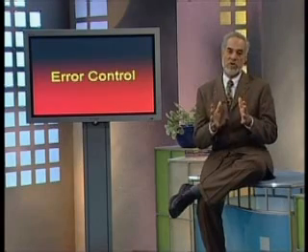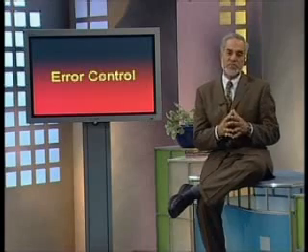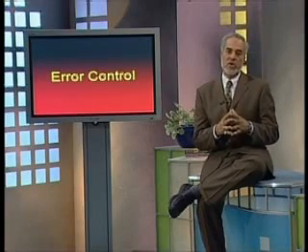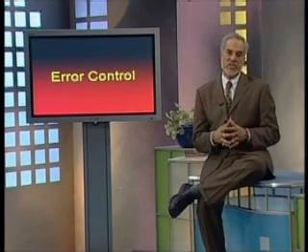So if we are talking of just one processor, the operating system would take care of these aspects, and if we are talking of a network, then the network management system would take care of these aspects of error control.